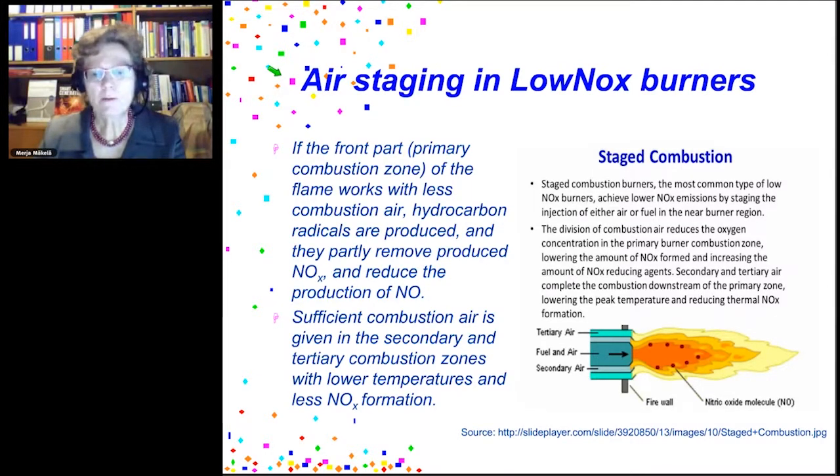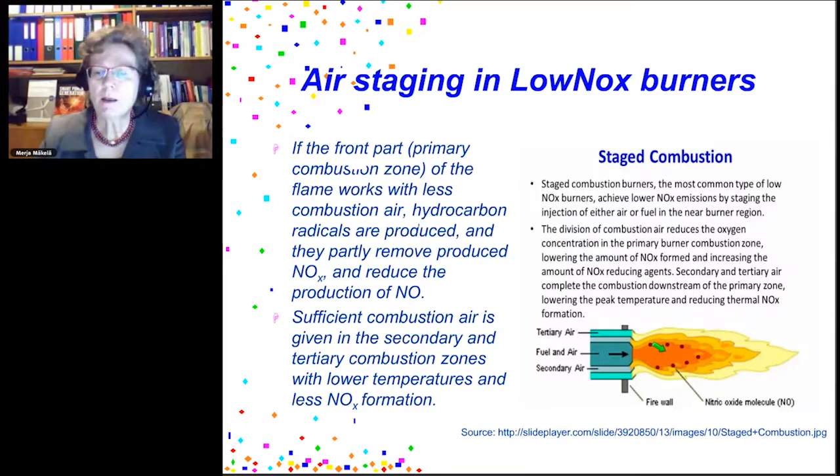When we look at the figure on the right side, in the middle we take fuel and air in, and in this phase we have less combustion air in this primary zone, and this makes hydrocarbon radicals which partly remove produced nitrogen oxides and reduce the production of nitrogen monoxide.